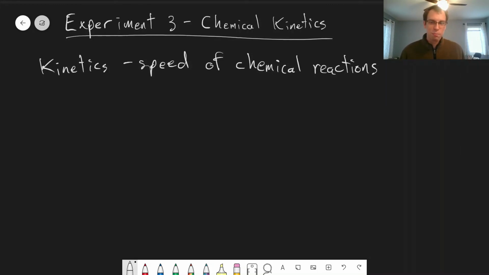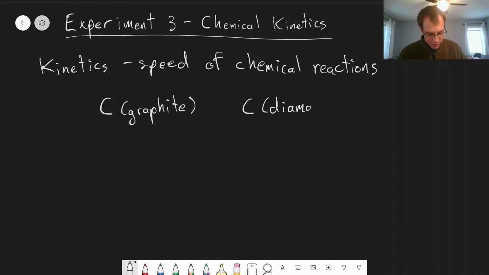As a dramatic example of this, carbon in the graphite form is thermodynamically the lowest energy form of carbon at room temperature and atmospheric pressure. But we can also have carbon in lots of other forms, such as a diamond. And carbon in the diamond form should go to graphite, according to the Gibbs free energy.